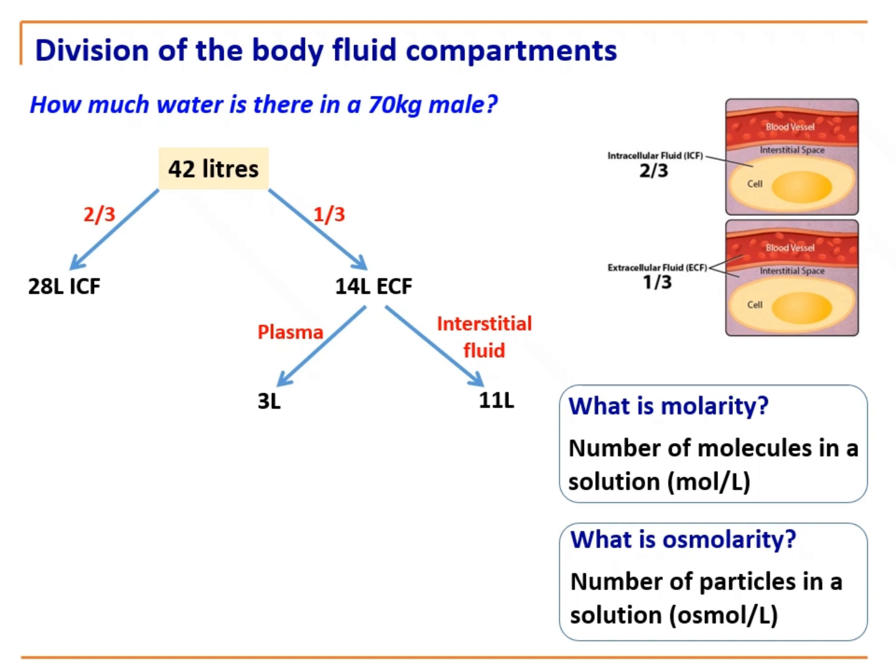And the number of particles, if you think about it, the molarity and the osmolarity of glucose is the same. So if you've got 5 millimoles per liter of glucose in your blood, you also have 5 milliosmoles of glucose in your blood. And that's because the glucose doesn't break apart or dissociate in solution, whereas sodium chloride does.